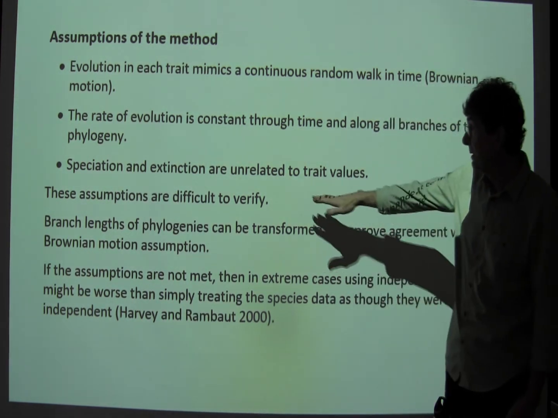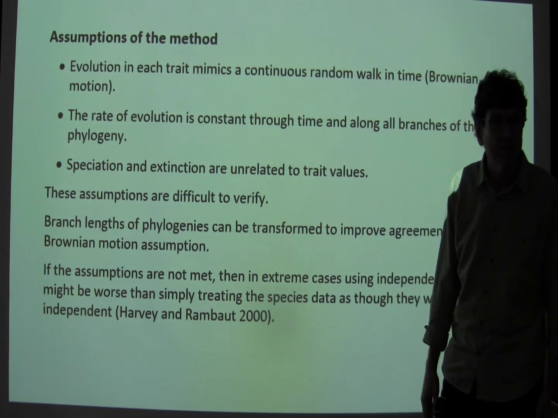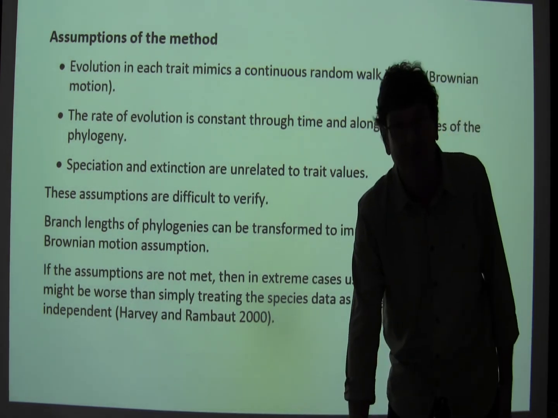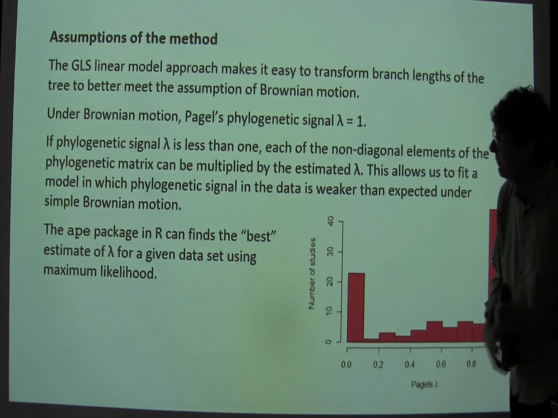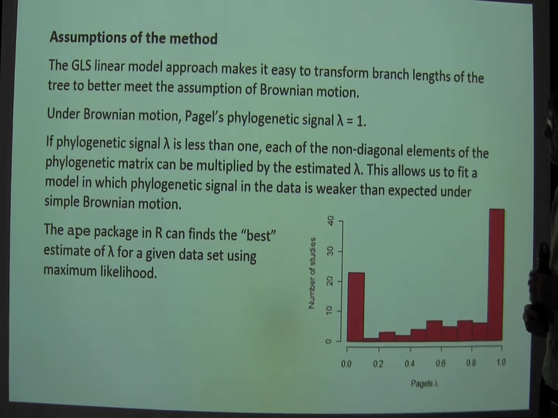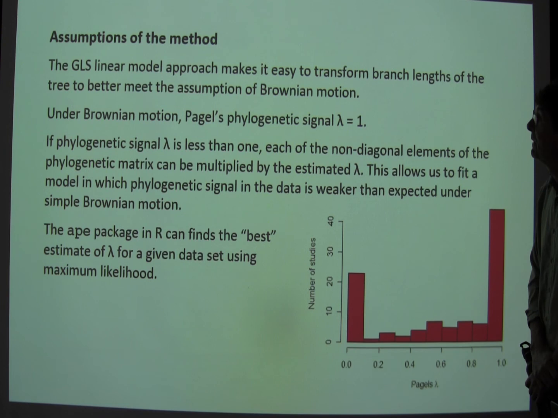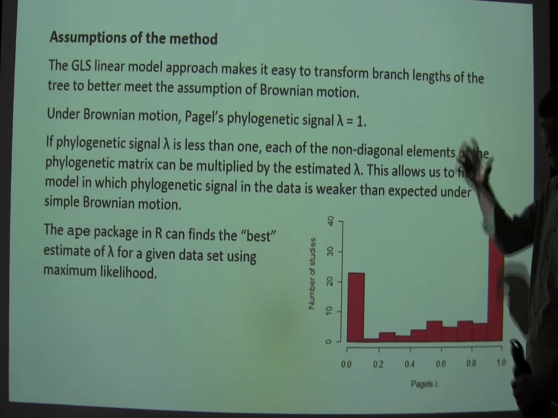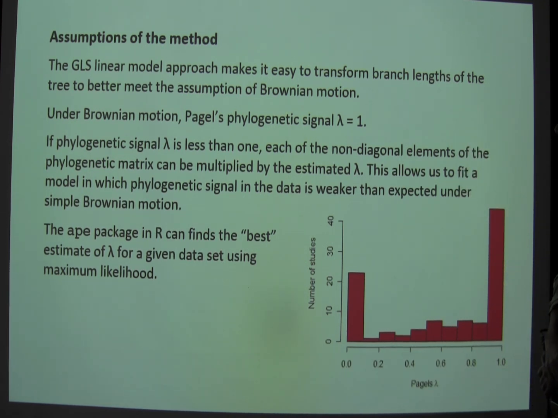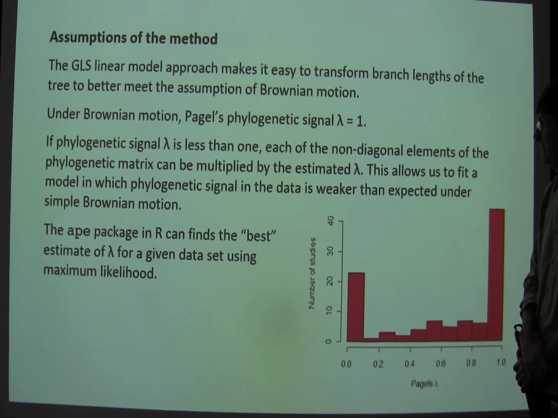So it becomes important to evaluate the assumptions of Brownian motion, but as I said, it's actually very difficult to verify those assumptions. And this method that improves the fit to Brownian motion is one that makes use of lambda, which expands or shrinks the branch lengths between nodes over time.